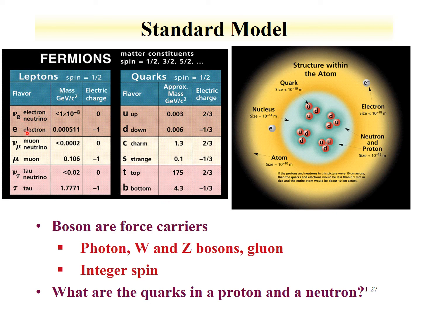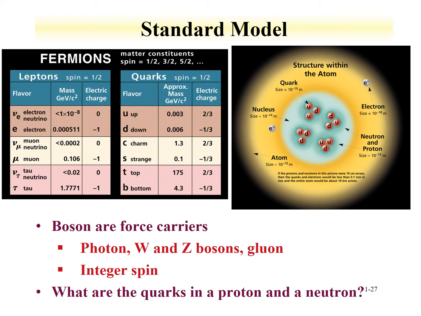Leptons include electrons and neutrinos, different flavors of electrons and neutrinos, including the electron neutrino, the muon and the muon neutrino, the tau and the tau neutrino. Bosons are force carriers, so photons, W and Z bosons, gluons, they have integer spins.